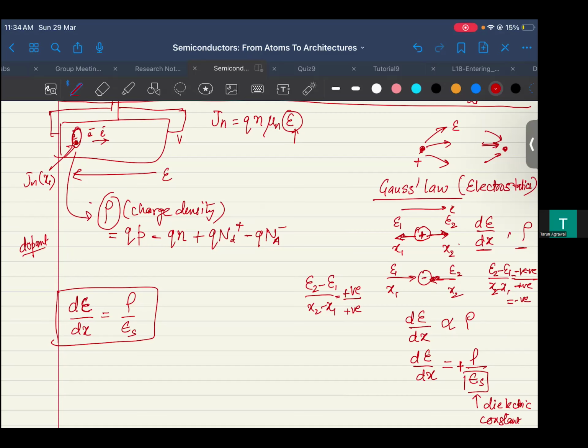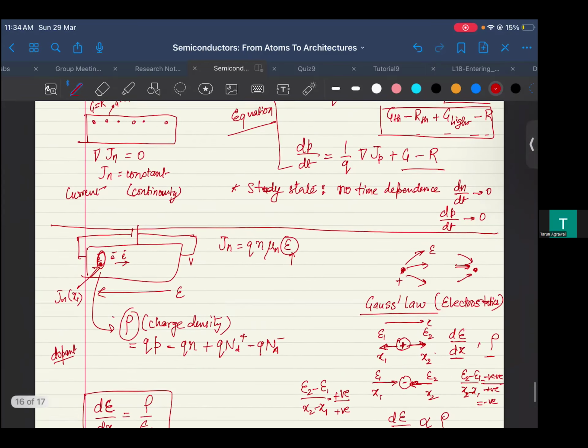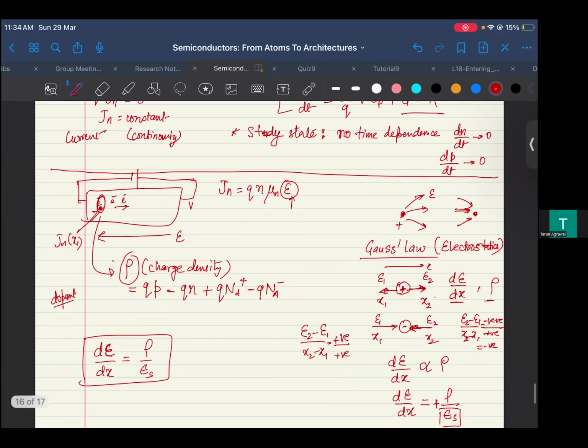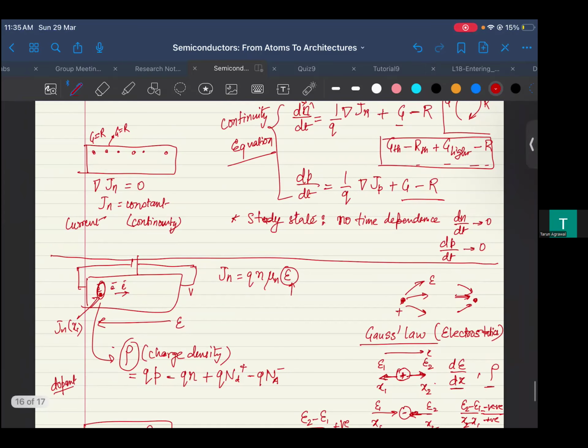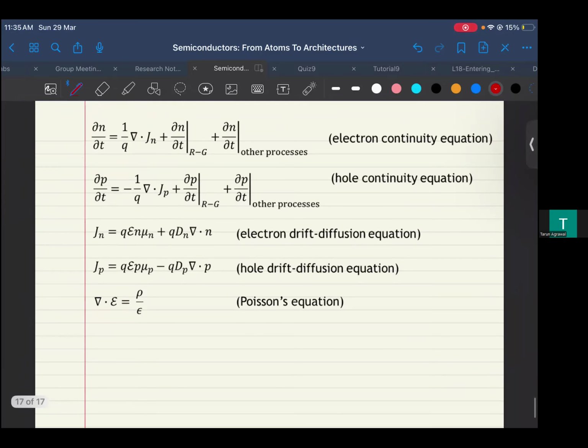So now you are seeing that all of these basic equations come together: one is how much a particular charge is radiating the field, that gives me the field. Given that there is a field, we know how much is the drift current. And when there is a change in the concentration, we also know how much is the diffusion current. All of this coming together gives us the basic set of equations, what we know as the semiconductor equations.